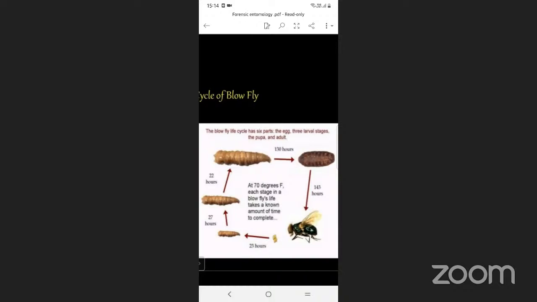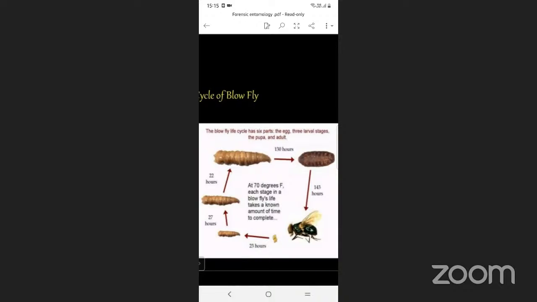So like this, the study of the blowfly life cycle is taken into consideration for the study of forensic entomology. We see the 6 parts of the life cycle, like 23 hours for the eggs to become the maggot stage.